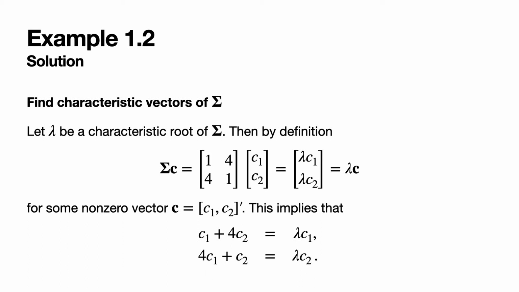And so when we perform that matrix multiplication, we get the following system of two equations. The first equation says that c1 plus 4 times c2 is equal to lambda times c1, and the second equation says that 4 times c1 plus c2 is equal to lambda times c2.